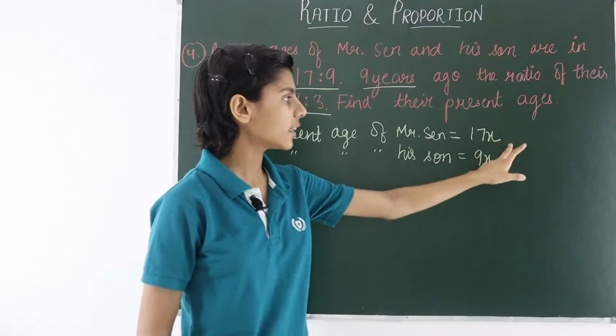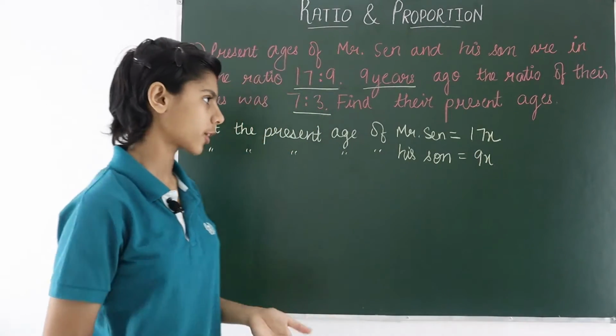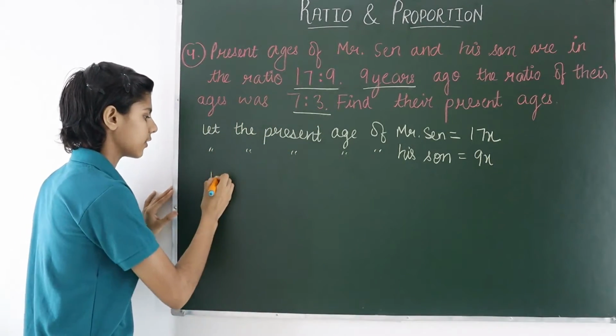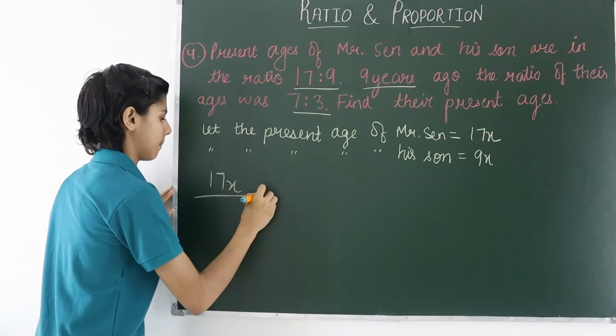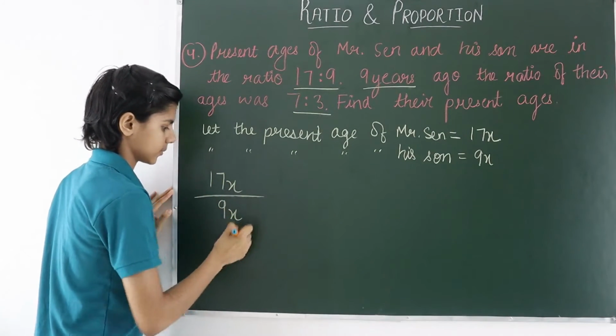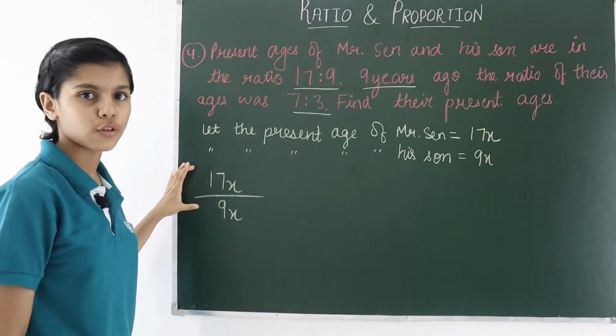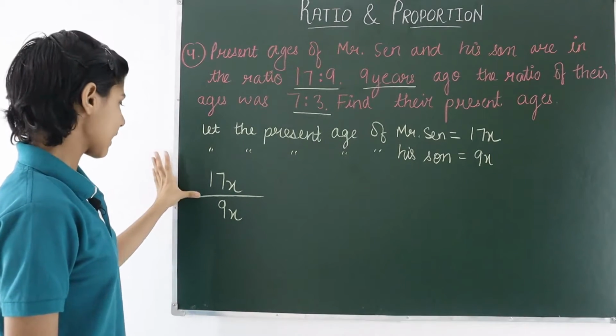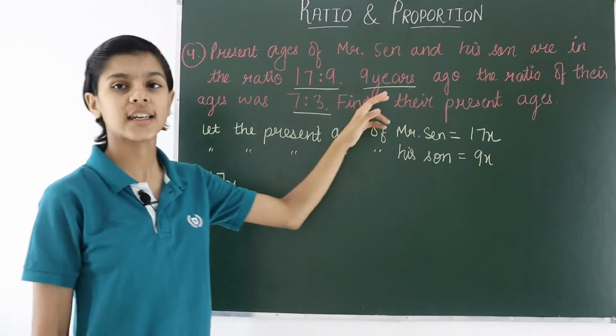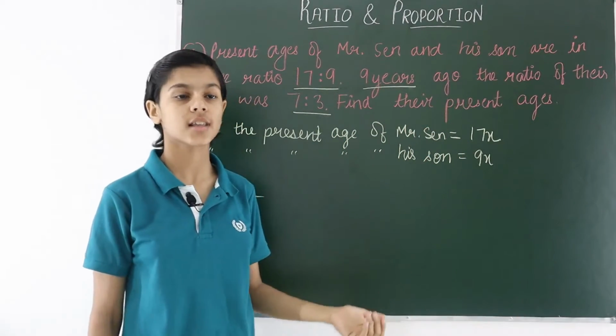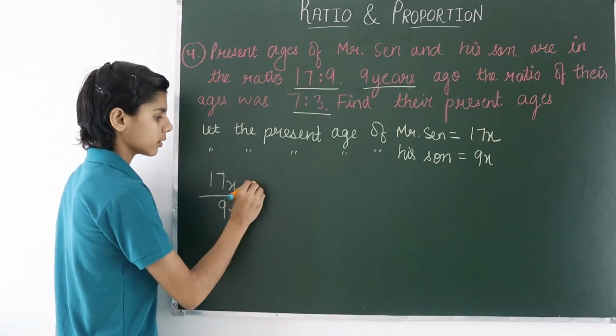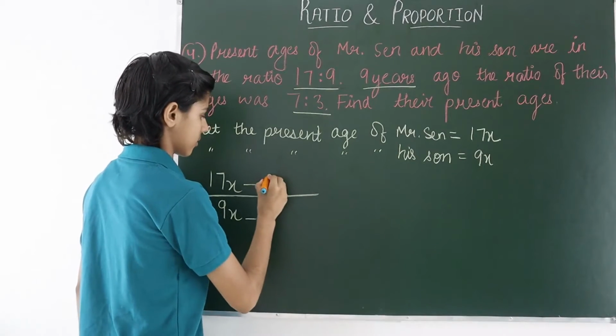So now we will write this ratio in fraction form. We can write it: 17x by 9x. This is the ratio of Mr. San and his son. Now 9 years ago means 9 years back, so we will subtract 9 from it.